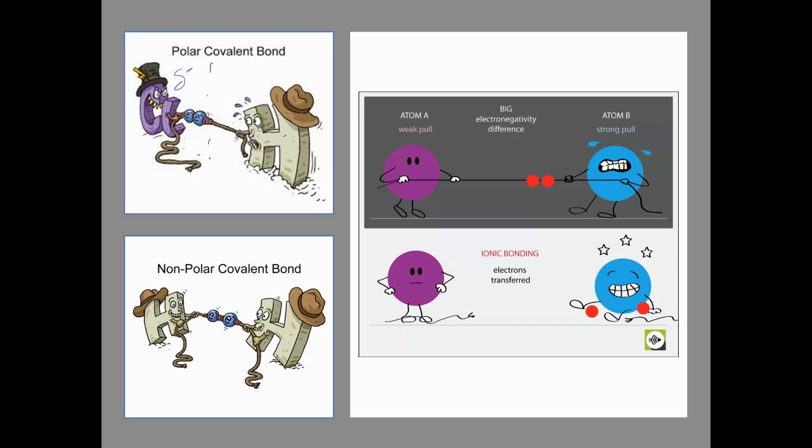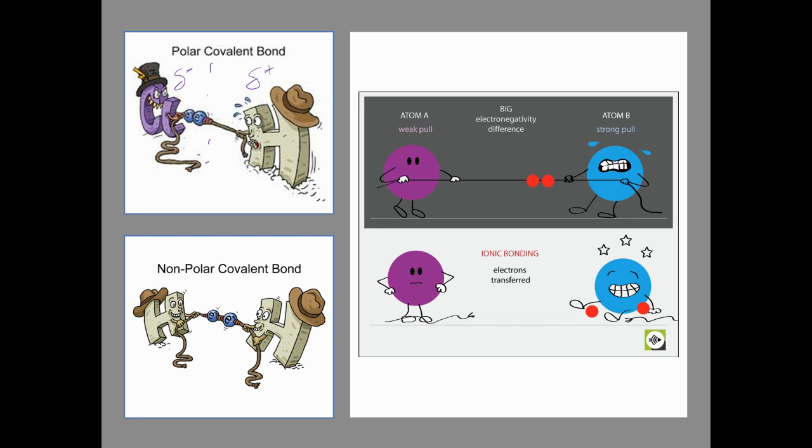Those electrons are a little bit closer to the chlorine, so chlorine's going to have a little extra negative. It's not an outright full negative charge, but it's there. Right, and then that leaves hydrogen to be a little bit more positive. You can see that chlorine is stronger, it's winning that tug of war, and hydrogen's sweating a little bit.